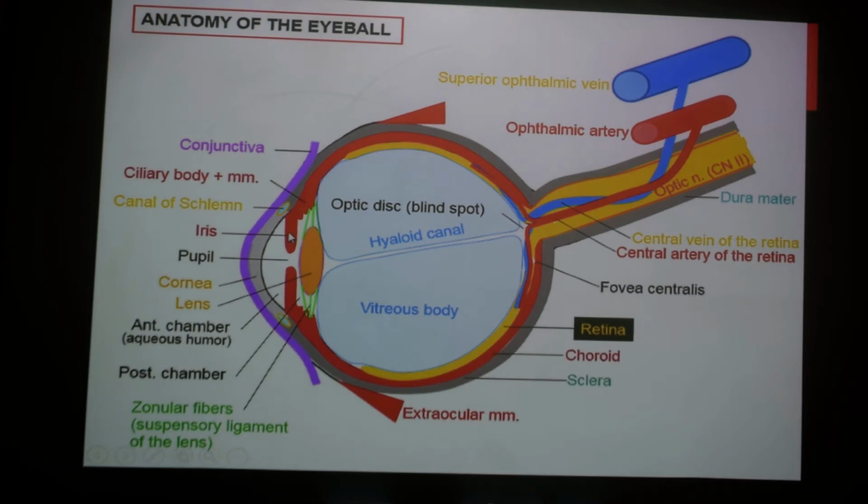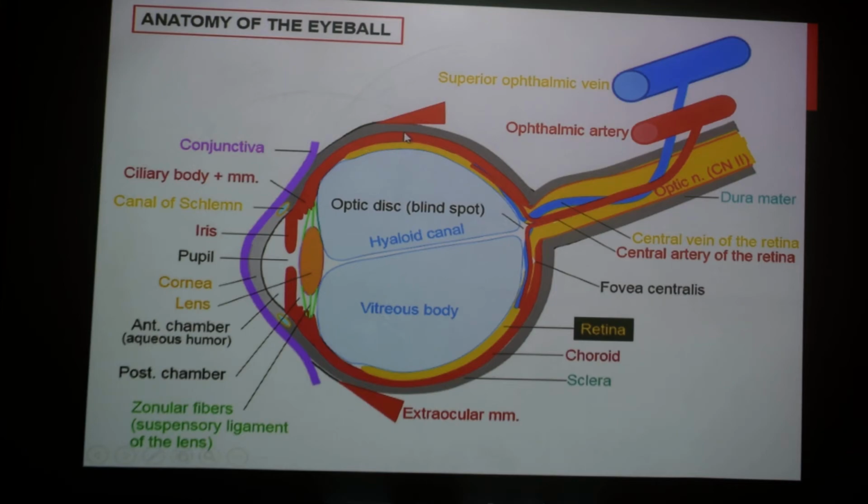So there are 3 things which form the uveal tract: choroid, the ciliary body, and the third one is the iris. And iris is a diaphragm which is present between the lens and the cornea, and within the iris there is a small hole which is called the pupil.